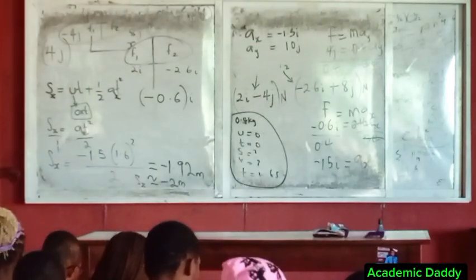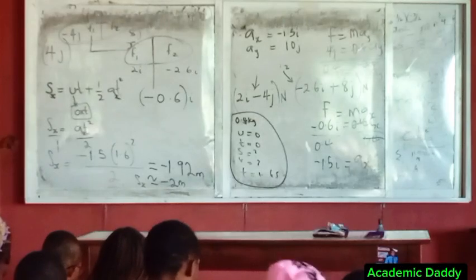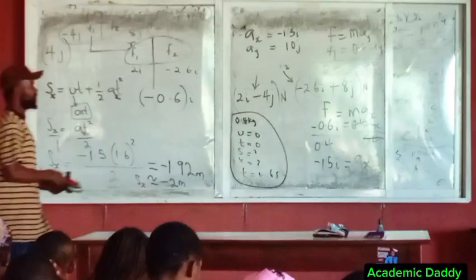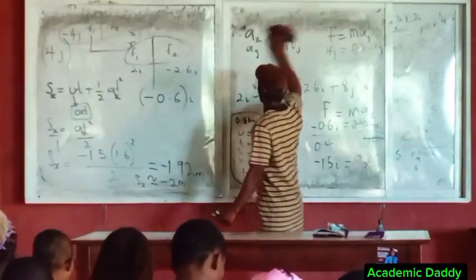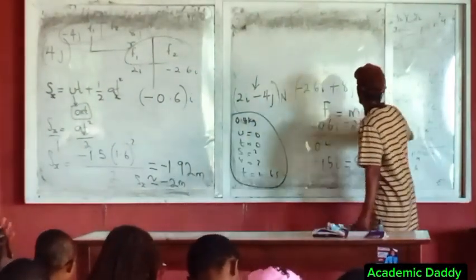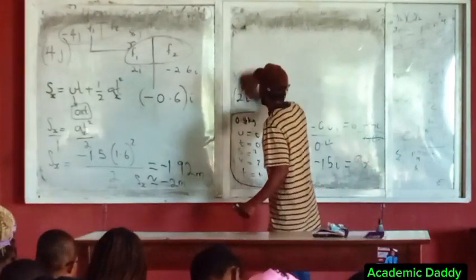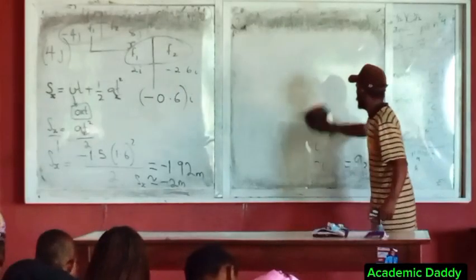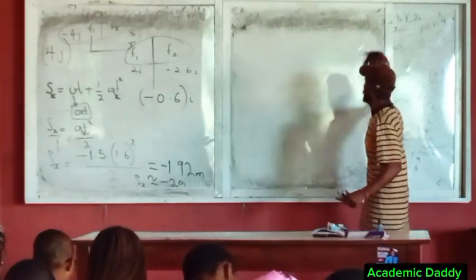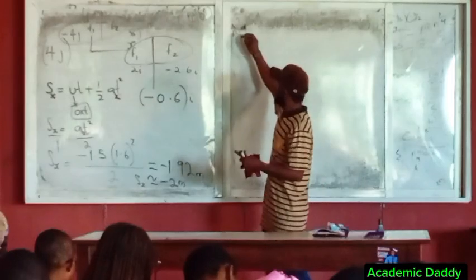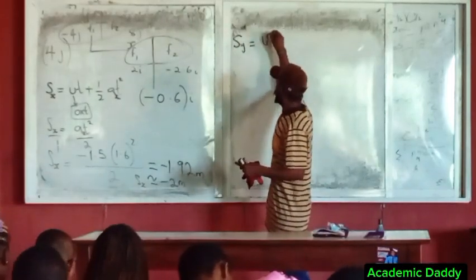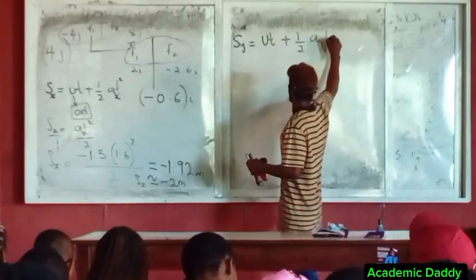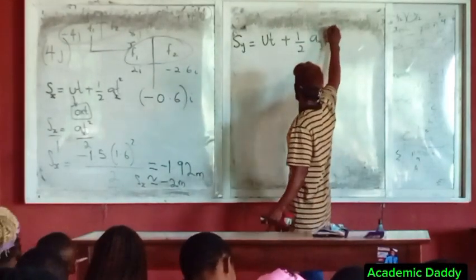Alright, let's find the position of the body at y-axis. So I will now change this to sy. Very simple. So for sy, I'll have ut plus half ay t squared.